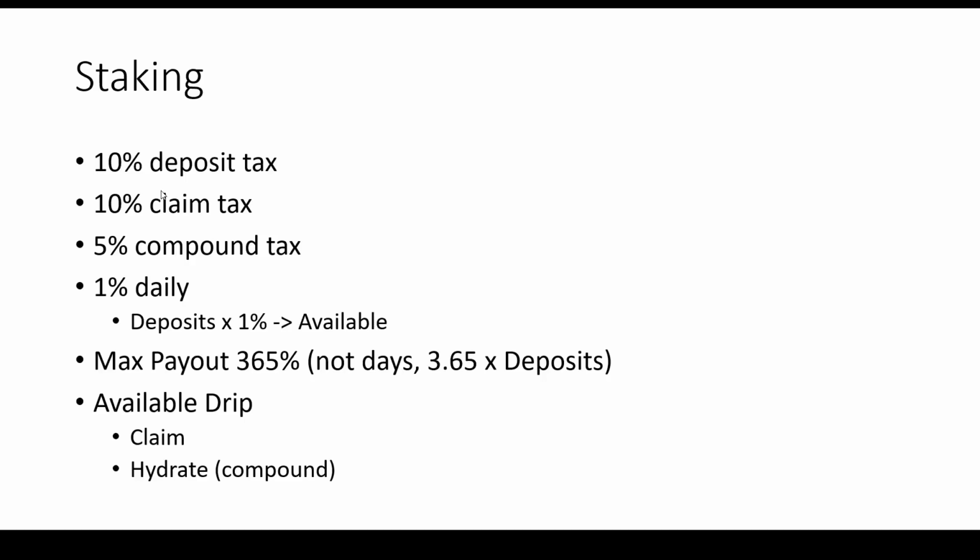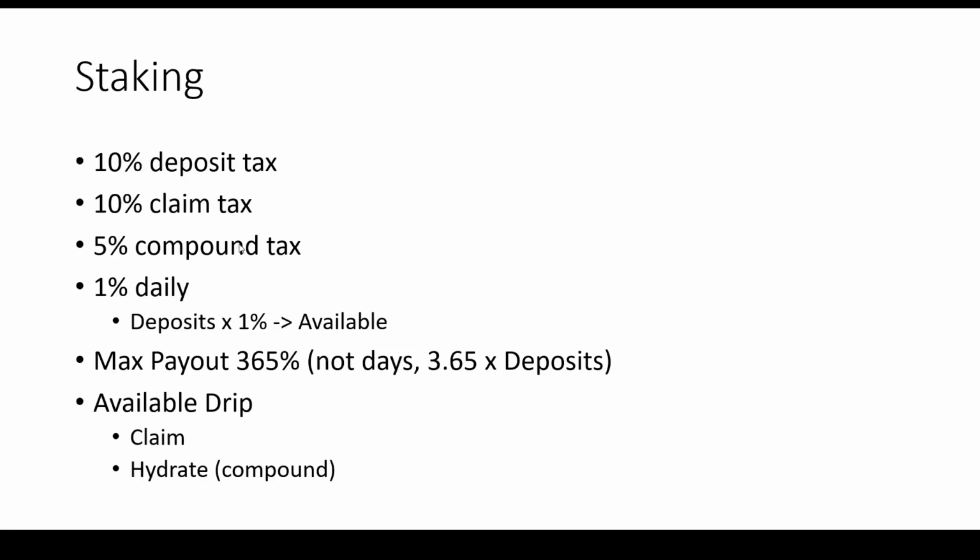When you build up some available tokens in your staking contract, in the Faucet contract, and you want to claim out some of your tokens that you've made, you will pay a 10% tax on those as well. So if you built up 10 Drip tokens in your available balance and you wanted to claim those, you're only going to get 9.